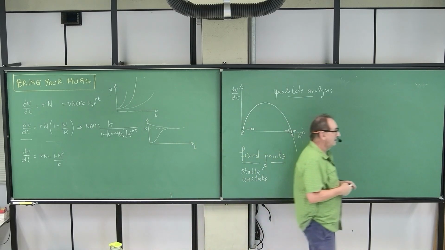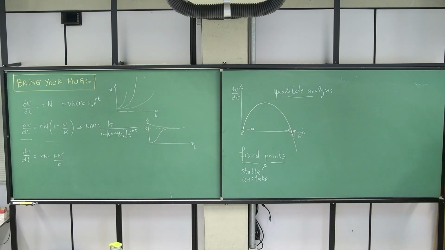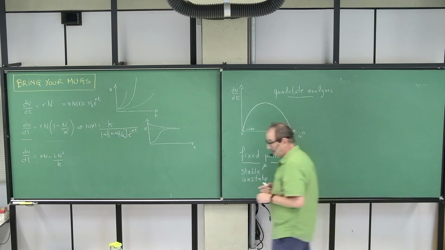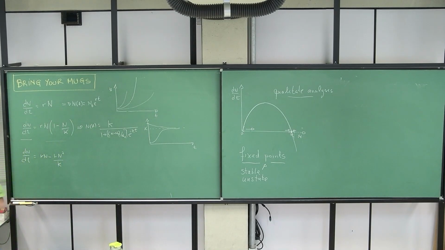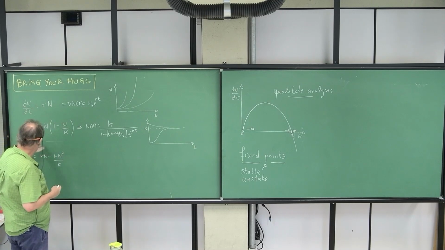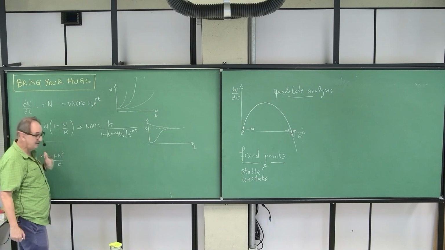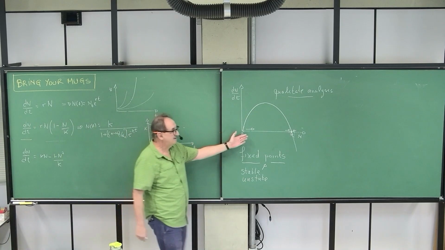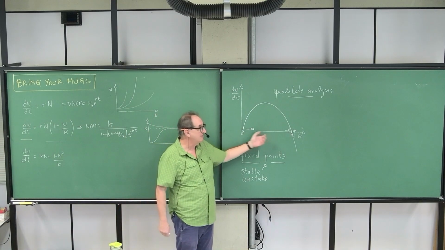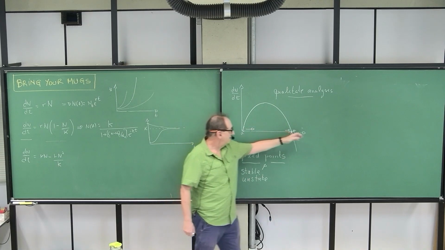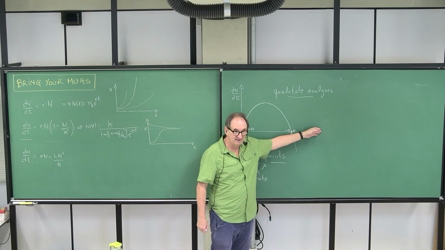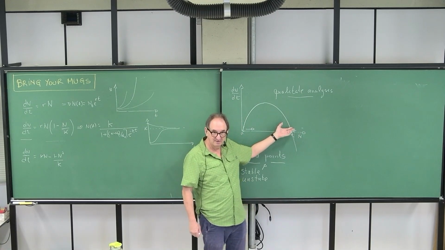But if your system is still simple enough, you can try, instead of numerical, qualitative analysis. And then you can know that the dynamics implied by this equation is that if you start below k, you will increase and go to k. And if you start above k, you will decrease and go to k.